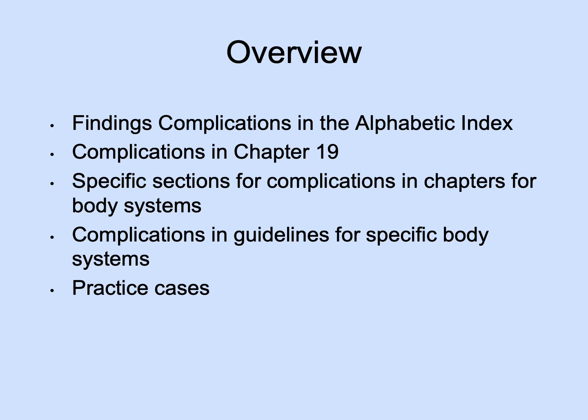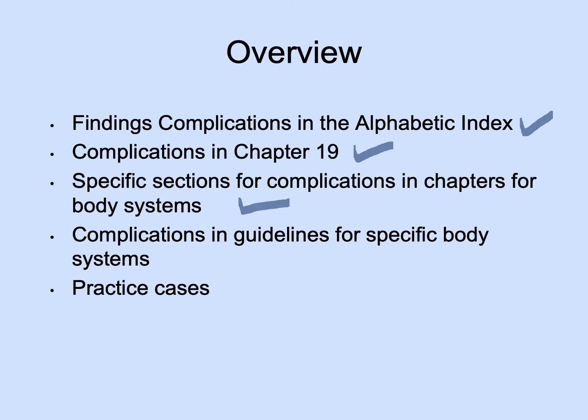So what are we going to talk about in this video? We're going to talk about how to find complications in the alphabetic index. We're going to talk about complications codes found in Chapter 19, and then specific sections for complications within each chapter of the body systems, chapters 1 through 18, and then in Chapter 20. Then the complications guidelines for specific body systems.